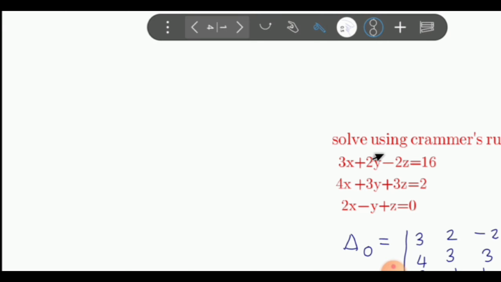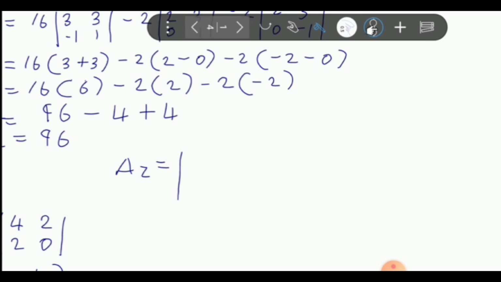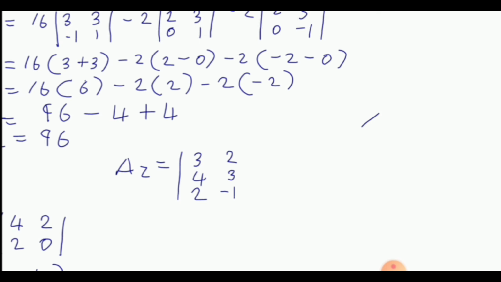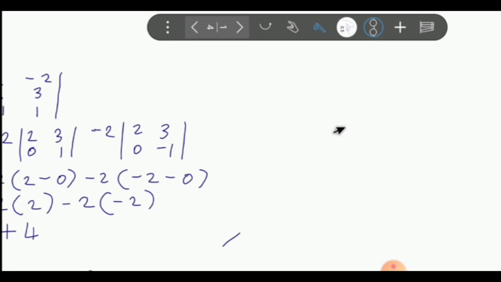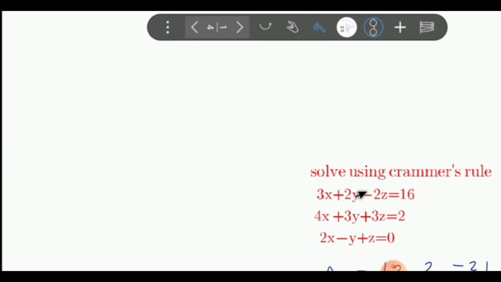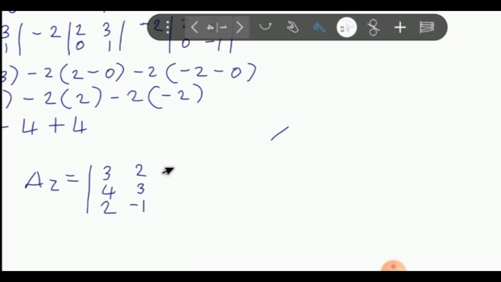So I will put 3, 4, 2, 2, 3, minus 1. So I'll replace the coefficient of z with 16, 2, and 0.